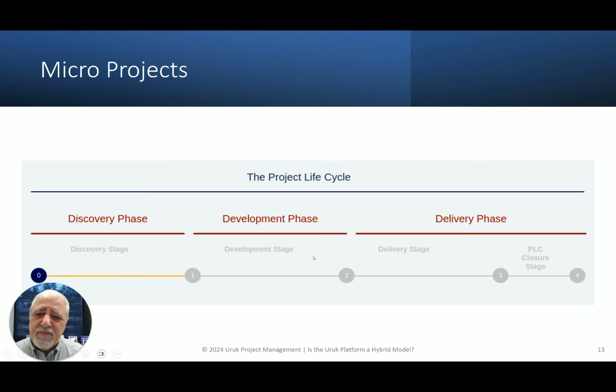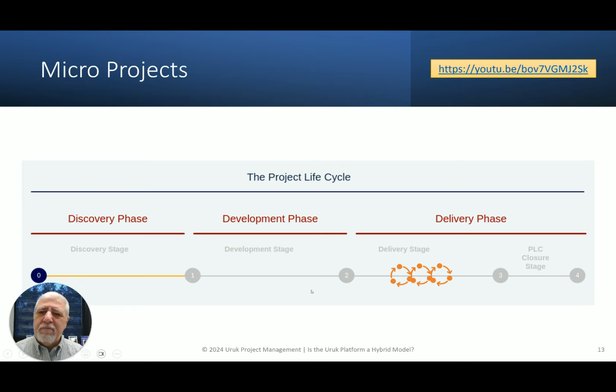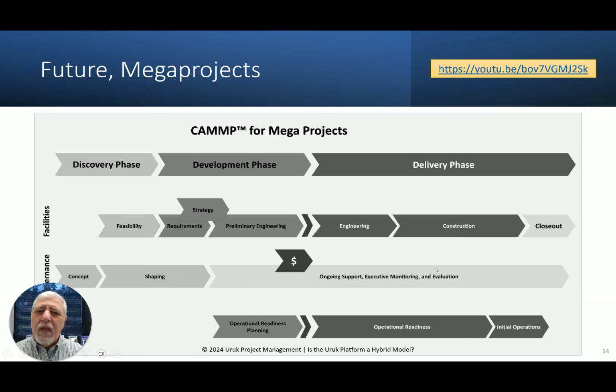This definition could vary, but in general, a micro project is a very straightforward, simple project, with only 4 stages and 4 gates, and again we have the opportunity to do it Big Bang or agile. And this is one for mega projects. This is from my book, but we have not built that into the platform yet.